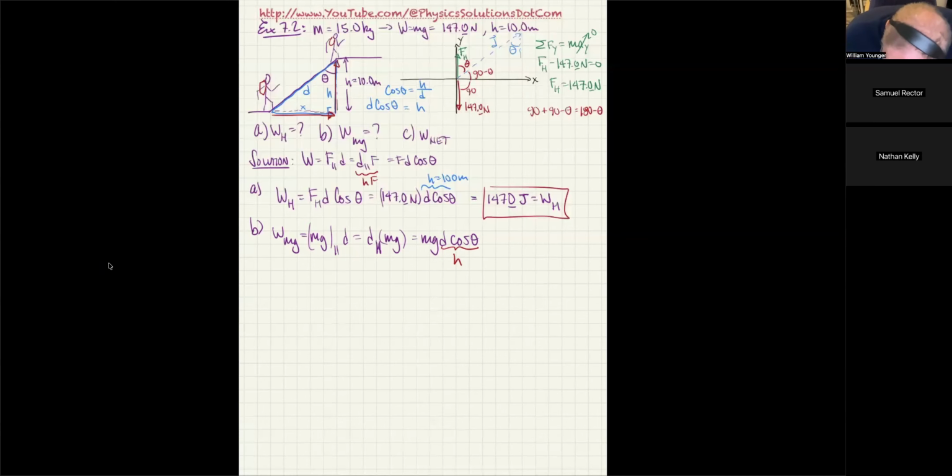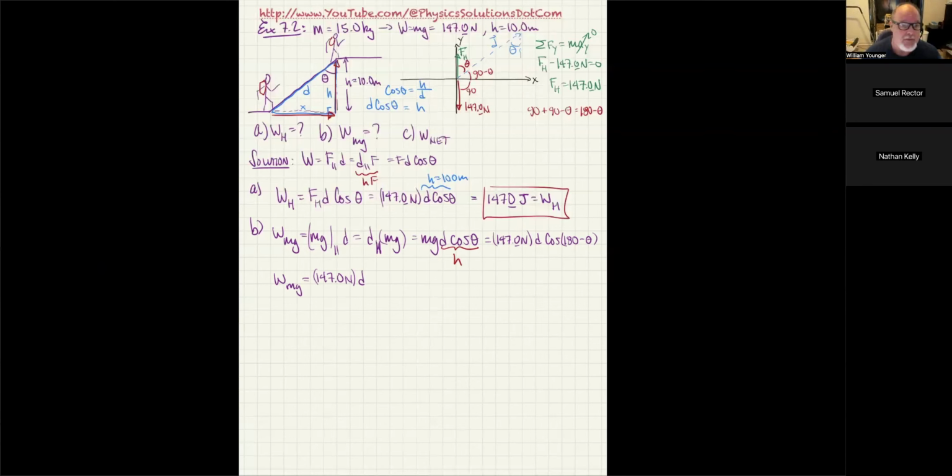So if I want to just compute it using a formula, we know that the mg is 147.0 newtons, and then we know it's d times the cosine of 180 minus theta. Now I've got to work that out. We're going to say the W sub mg is equal to 147.0 newtons times d. And now I've got to figure out what the cosine of 180 minus theta is.